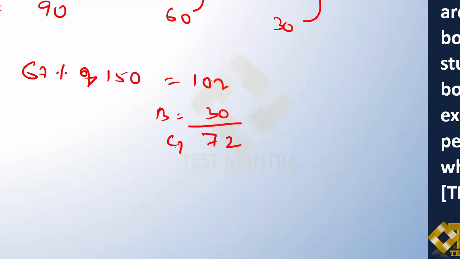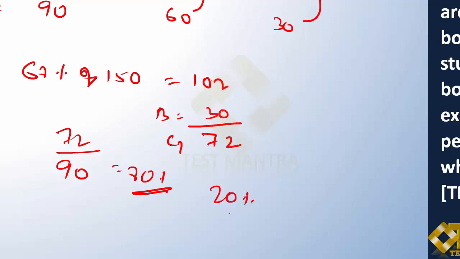The percentage of girls who do not pass. Now you can identify the girls were 90, out of which 72 have passed. That means I can say 80% girls have passed. How many of them do not pass it is nothing but 20%, right? My value is supposed to be 20% here.